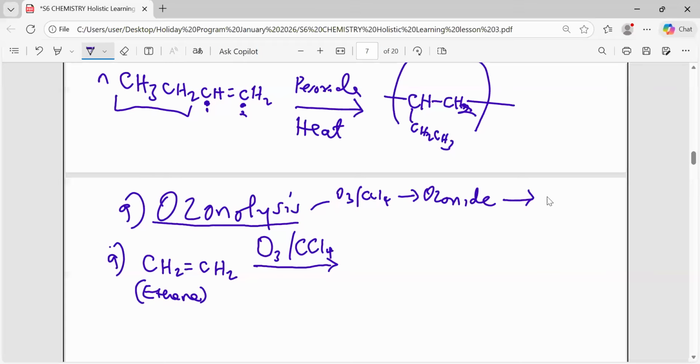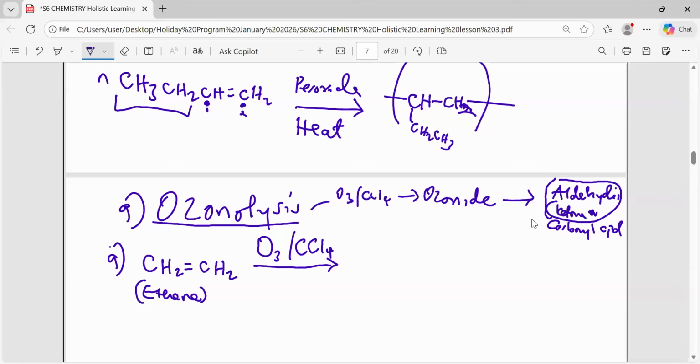And then on hydrolysis, we form aldehydes, or a ketone. We form carbonyl compounds, for example aldehydes or ketones. Very good, thank you. These carbonyl compounds can be an aldehyde or a ketone.